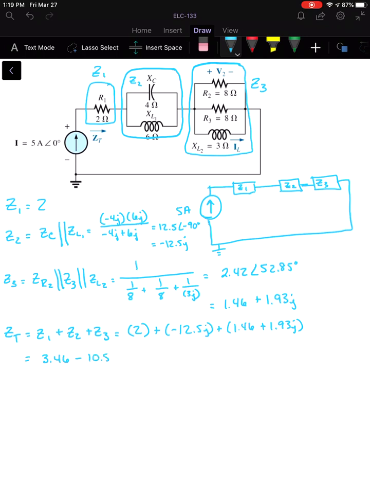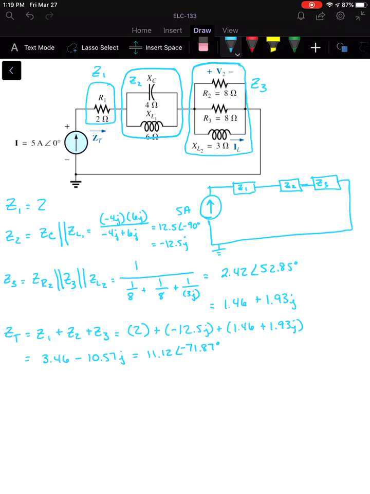So we would just add the real parts and then add the imaginary parts. So minus 10.57J, or in polar form, if you're working through it that way, 11.12 at negative 71.87 degrees. Okay, so either of those is fine.